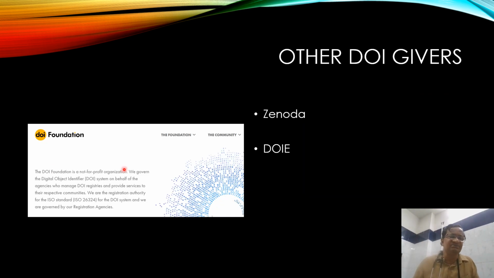DOI is given by Crossref, digital object identifier. This is a number, IJAKSM/12345/5376 is a number that will be there. If you click that link, your article will be shown. So that is a DOI. There are others that give DOIs. Zenodo gives free. DOIE gives free.